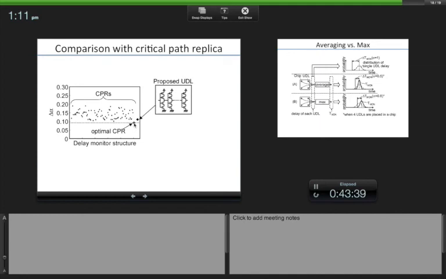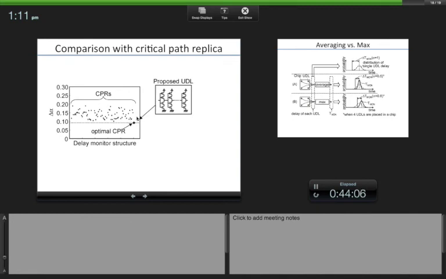Here what they have plotted is the delay of their critical path. They have chosen one critical path, which happens to be this, and there are 100 of them. So there are 100 points on the x-axis, and that particular one matches well with itself, but with the others, it doesn't match very well.